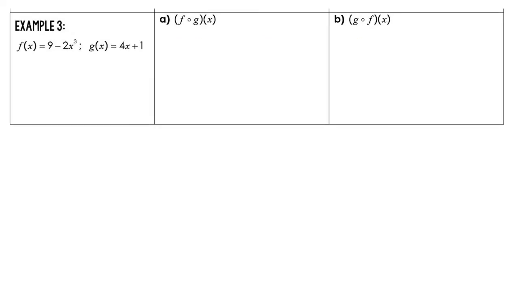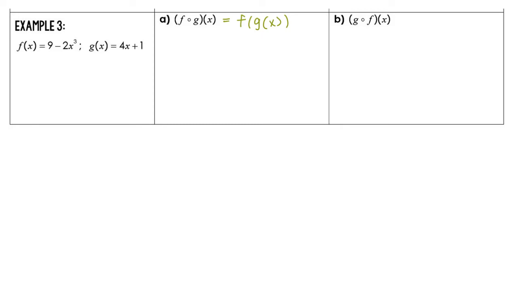Continuing with these composite functions, notice this next one is f of g of x. And so we are plugging g of x into f of x. And so let's look at what that's going to end up being here.